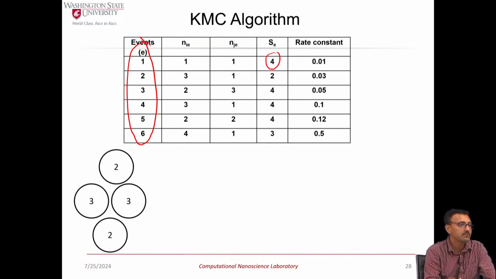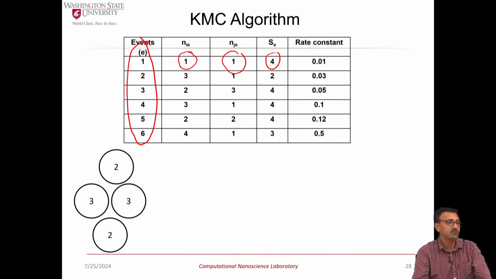Remember, I named the coordination number of the seed fullerene as Ni. So, the first event is you identify a fullerene in this cluster that has a nearest number of neighbors 1, and then you attach a fullerene from this cluster which also has a nearest number of neighbors 1, right.